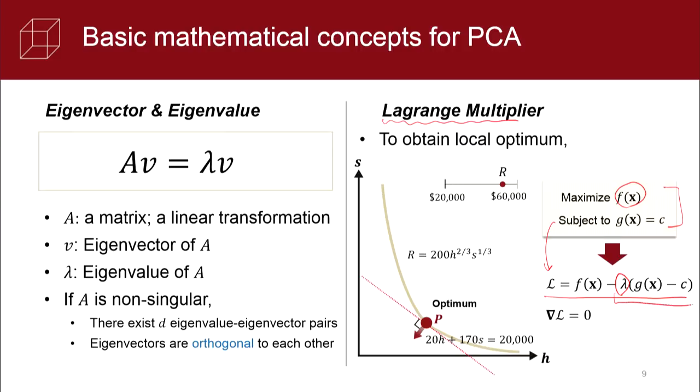So this part can be considered as the penalty term. If x does not satisfy the constraint, this value will be incurred, so it can be considered as a kind of penalty, right? And given this unconstrained function, we try to find the local optimum by taking the first order derivative, right?